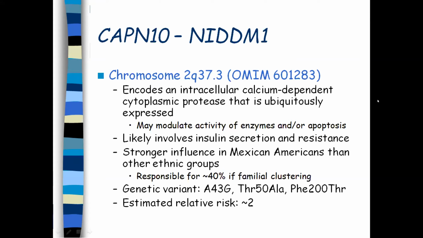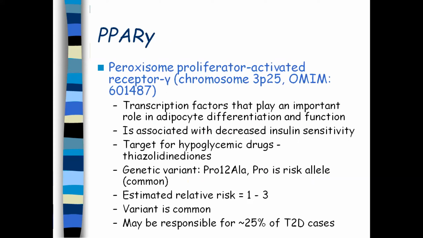Then PPAR gamma, peroxisome proliferator activated receptor gamma, on chromosome 3p25. It is a transcription factor that plays an important role in adipocyte differentiation and function. So alteration in PPAR gamma may result in difficulty in differentiation, and the adipocytes will not function properly. So it is associated with decreased insulin sensitivity.